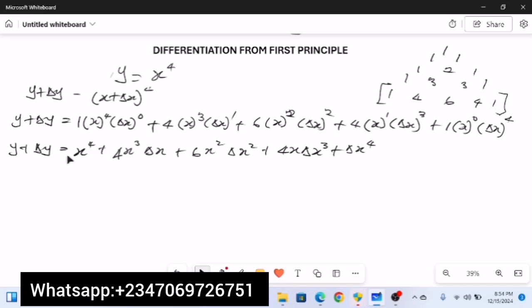Okay, so at this point what we'll do is simply what? Transfer y. We simply send y to this side of the equation. Since we're looking for the y over the x, let's now make change in y subject of the formula.